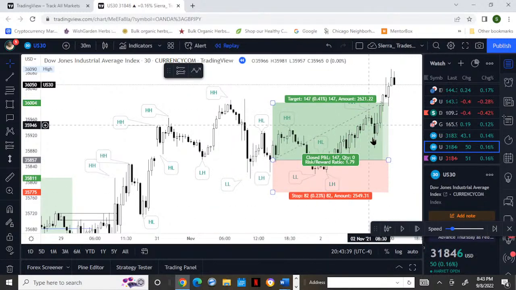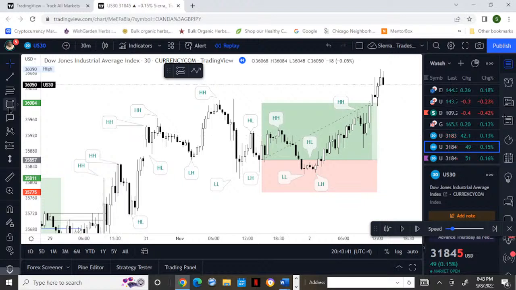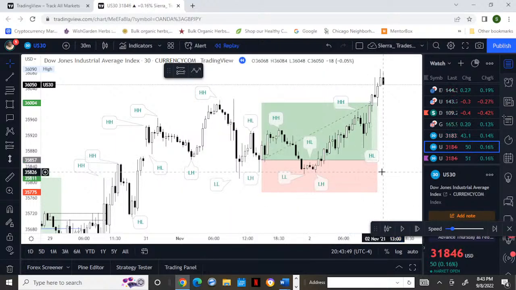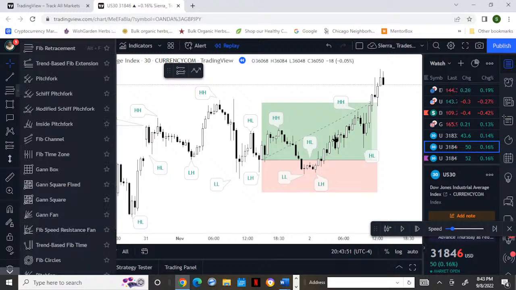Got that pullback, higher low. And I think technically on this bull run, what time was this? 1 a.m.